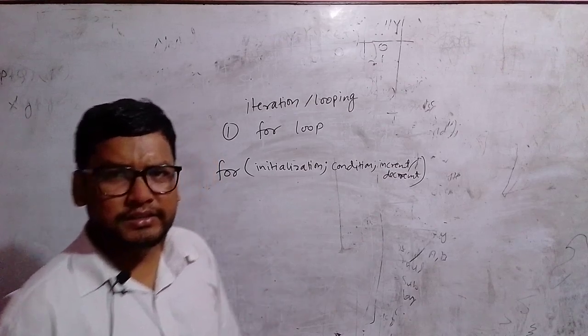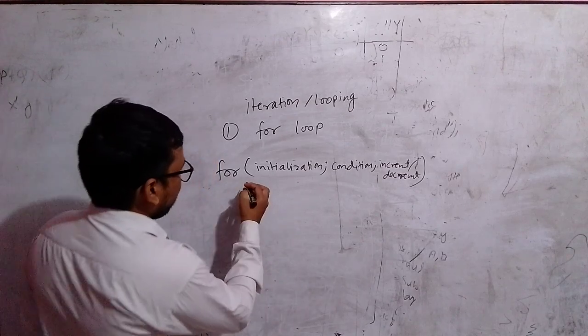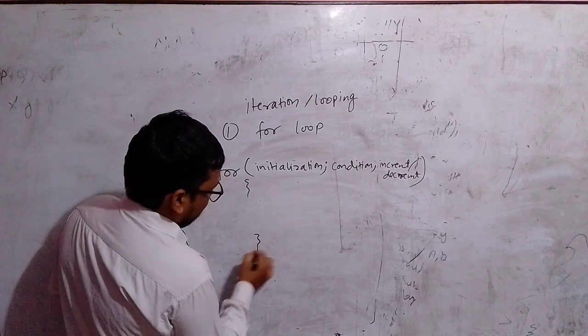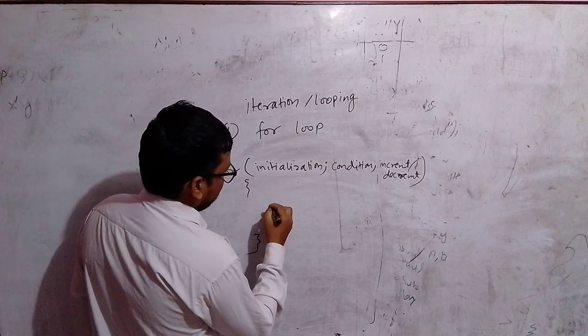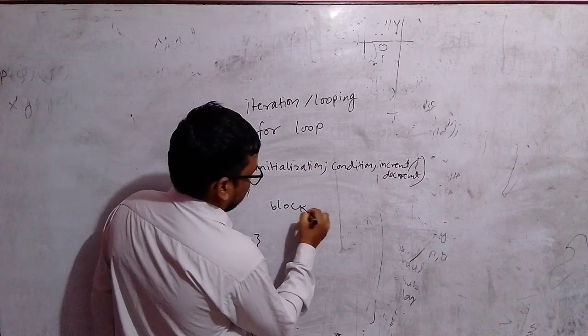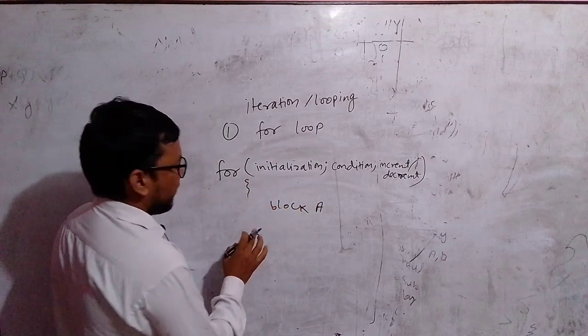Now this is the syntax of the for loop, and we need to append a block of code, let's say block A, within these brackets.